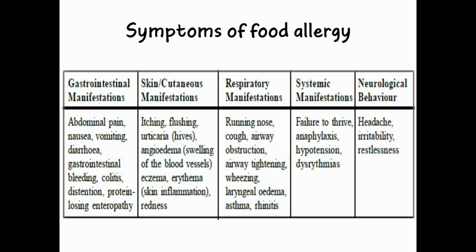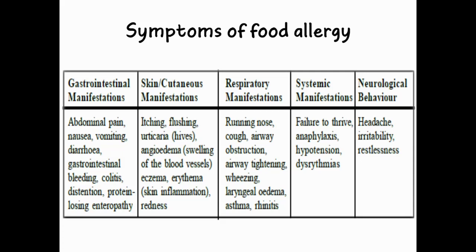Skin cutaneous manifestation. These symptoms are generally generated at a faster level than the gastrointestinal manifestation, because when your body comes in contact there is an immediate response, since it is from your cutaneous membrane or the skin.